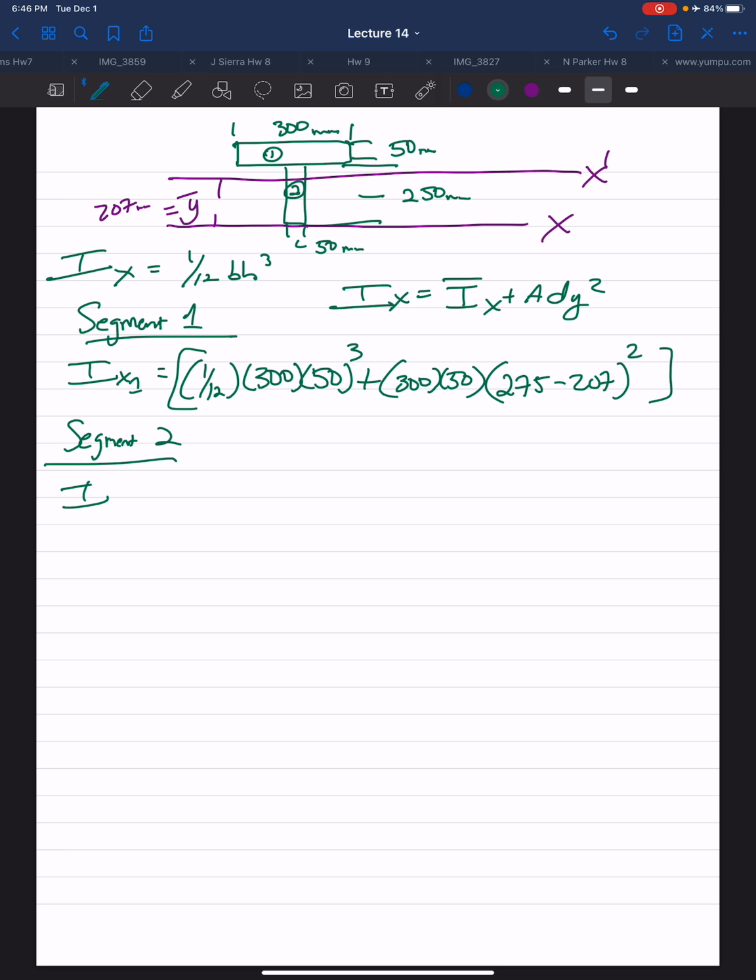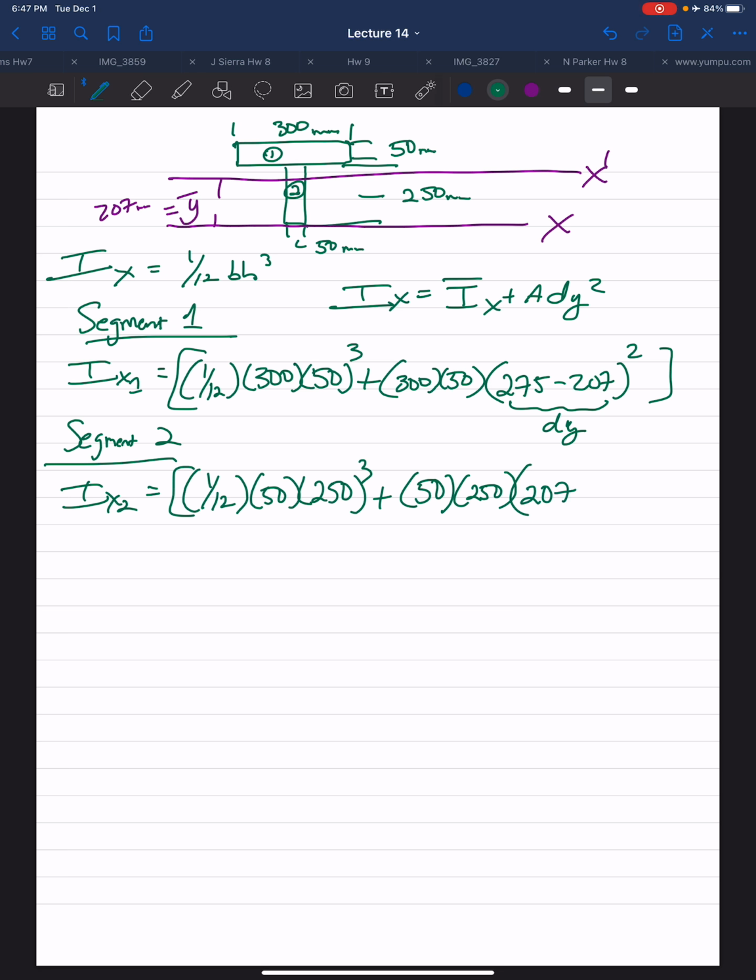For segment 2, once again for a rectangle, 1/12 the base, which is 50 millimeters, times the height, which is 250 millimeters cubed, plus the area, which is base times height, times, so remember this is our dy term. So here, the dy term is the centroid of segment 2, which is half of 250, located at 125.